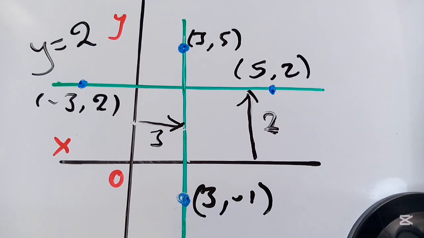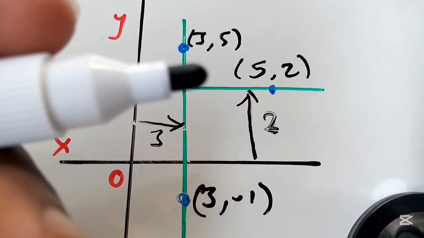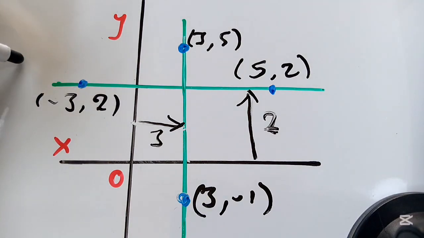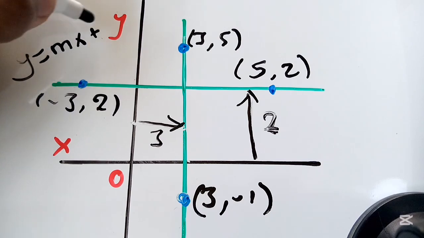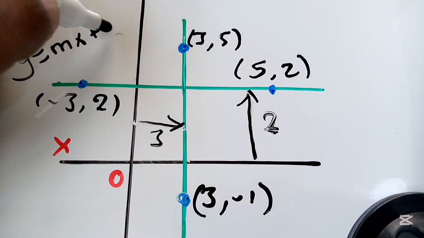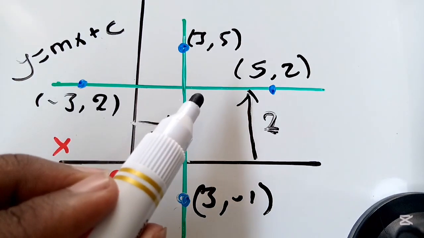Let me show you this. Remember, you also have to check the video on the gradient intercept. The general form of an equation is y is equal to mx plus c, right? So here our gradient is 0.